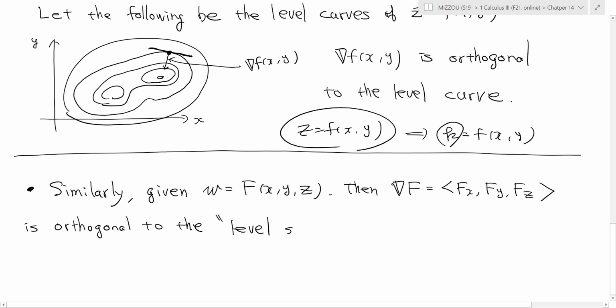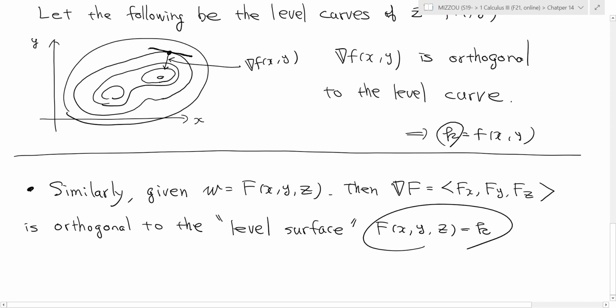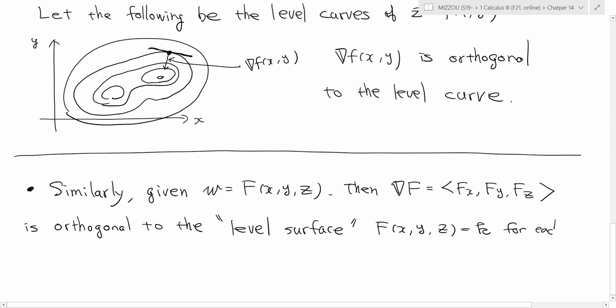It's called a level surface. Namely, at w is equal to some fixed number k, you get the level surface for each w is equal to k.